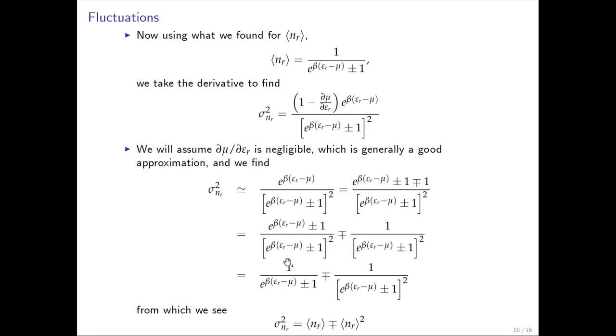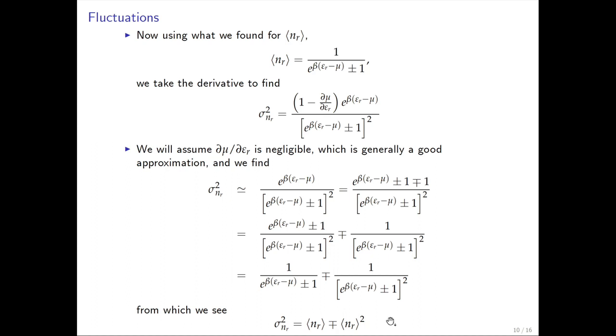That's just, of course, the mean occupation number. And then the term over here that's left is just the mean occupation number squared. And of course, we make sure we keep track of the signs. Here, the minus sign is for fermions, and the plus sign is for bosons. So we see this rather interesting and simple answer, that the variance is the mean occupation number minus for fermions, plus for bosons, the square of the mean occupation number.